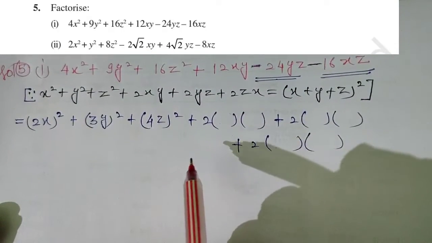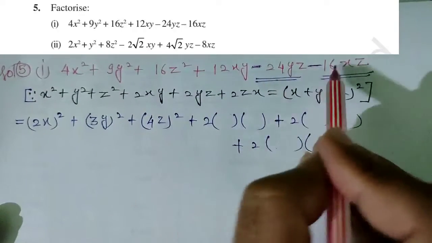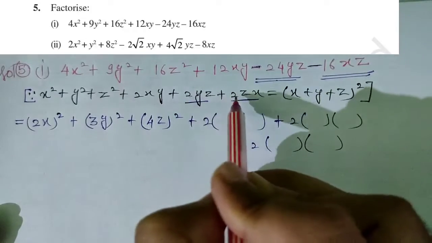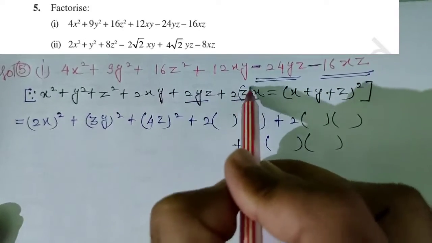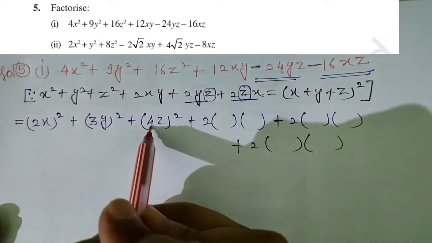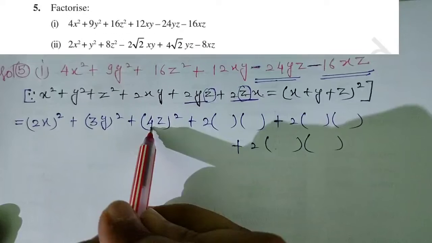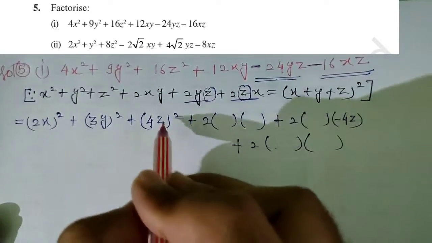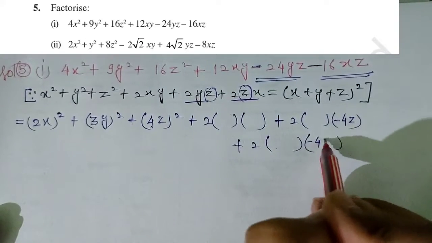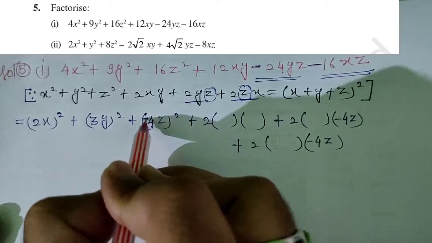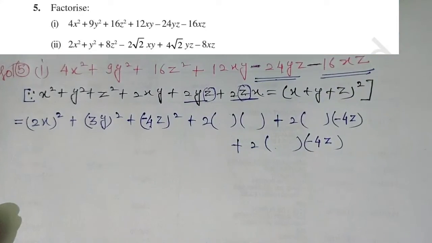So which term is common in the last two terms in this formula? 2yz and 2zx. This z is common in both. It means 4z must be negative. So you will write here minus 4z and minus 4z, and because 4z is negative, you will write here also as negative.